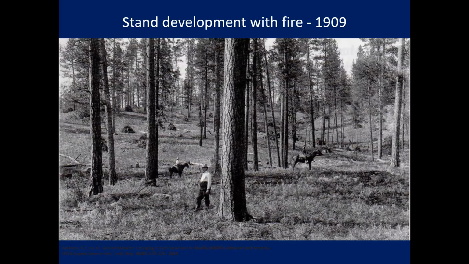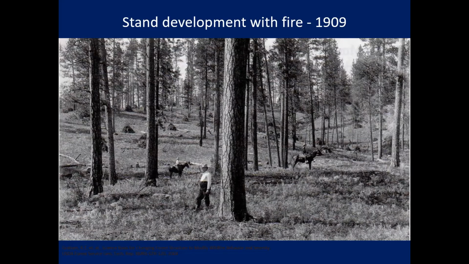Some of those trees do have black bases, so fire came through this area, but the stem spacing is pretty good. The canopies are open. It's ponderosa pine, a good fire resistant species, just like what was talked about in the previous presentations. So that's a great stand and pretty fire resistant.